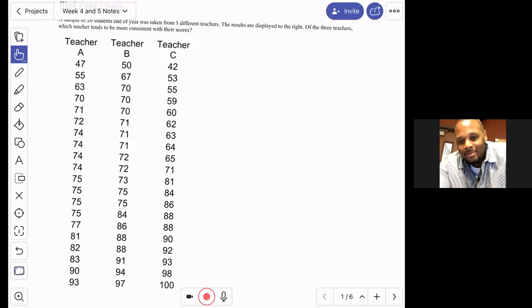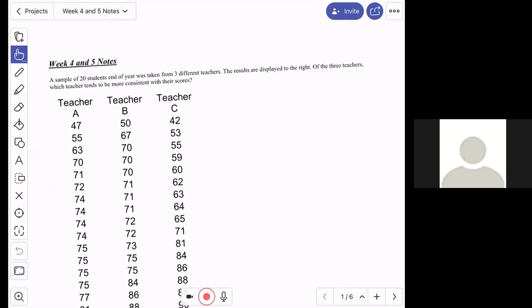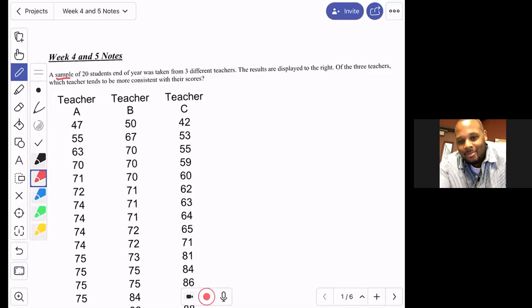Everybody got that? And notice that it's a sample of how many students again? It's a sample of 20 students. Everybody understand that? And I want everybody to understand why that matters. Because these are samples, you need to use S of X. If this were the population, you would be using sigma X. That matters.